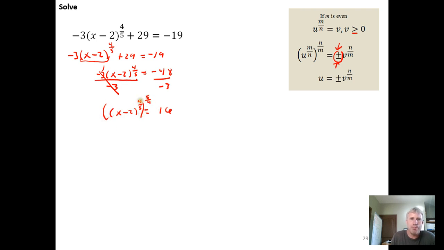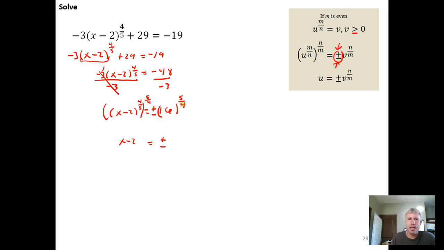We're raising it to the reciprocal of 4/5, because 4/5 times 5/4 is 1. We get x minus 2 to the first power, but we don't need to write the first power. Whatever we do on one side, we do to the other. So we raise both sides to the 5/4 power, and we know we're going to get a positive and negative number that work, so we go plus or minus.